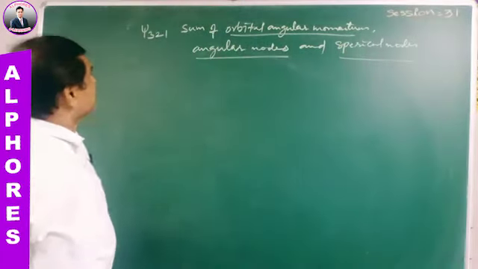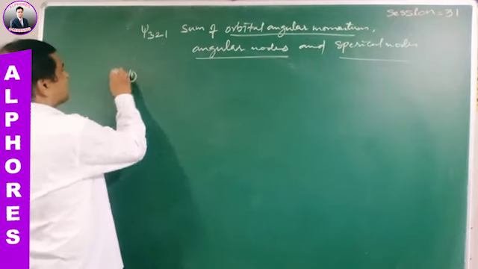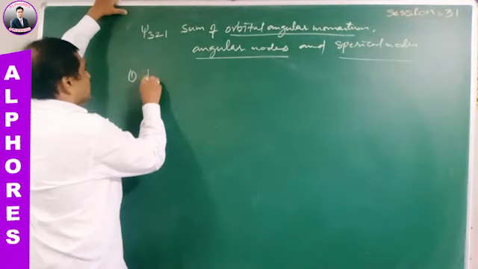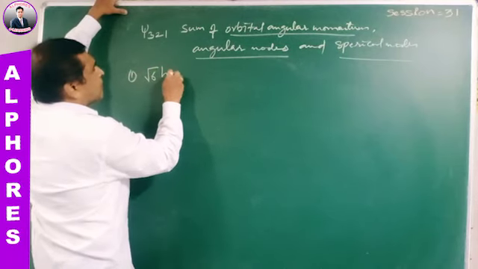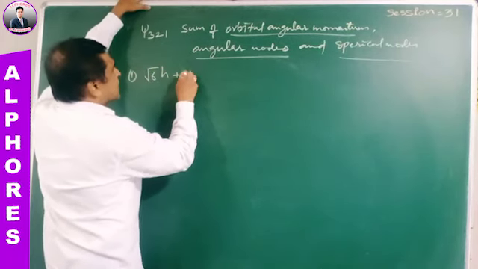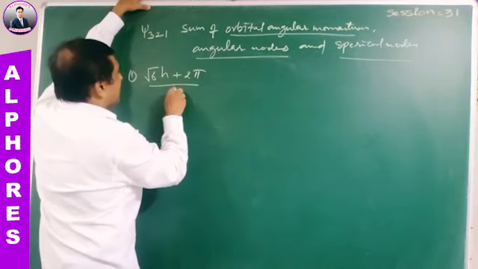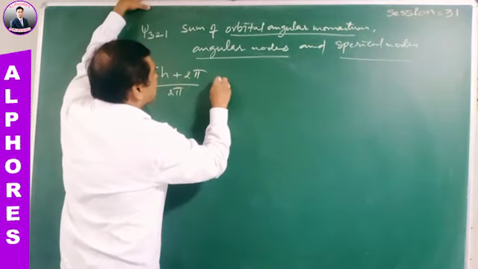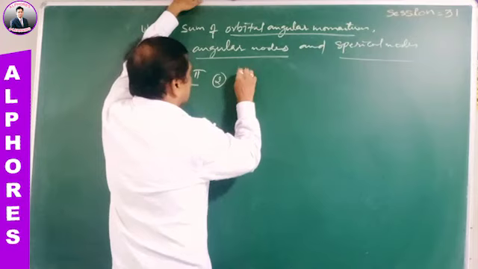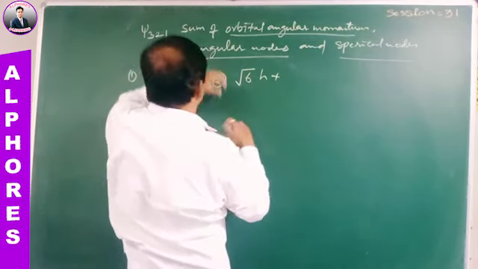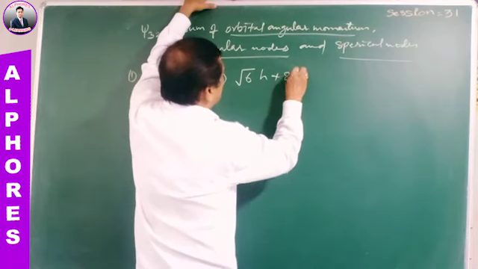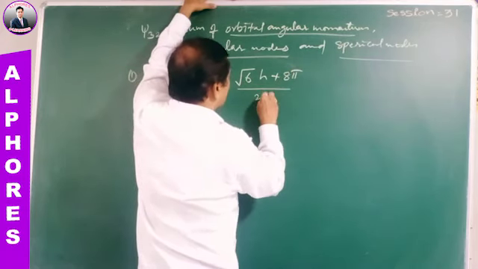So the options we can give like this. First option, say for example, root 6h plus 2 pi by 2 pi. Second option, root 6h plus 8 pi by 2 pi.